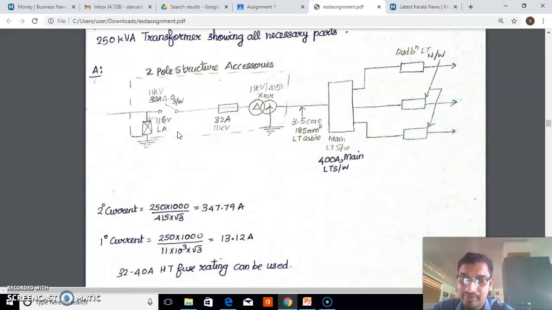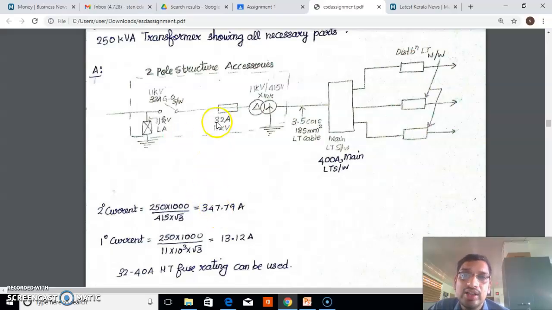For a 250 kVA transformer, the HT fuse rating is 32 ampere.